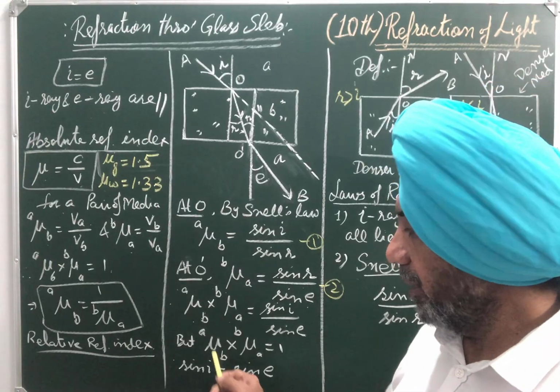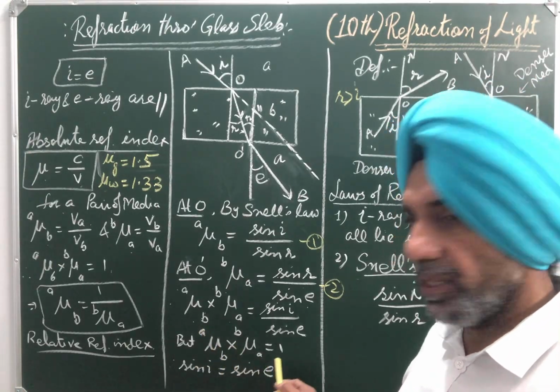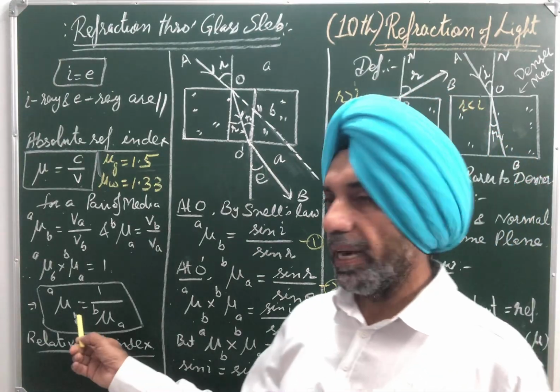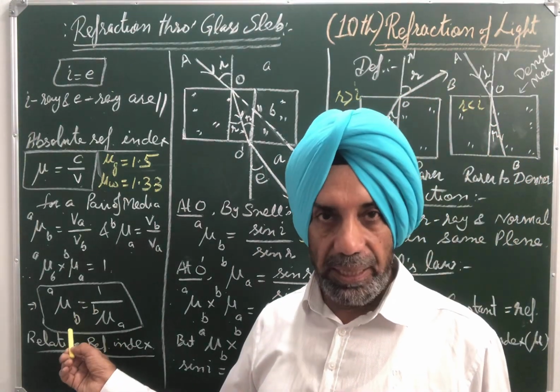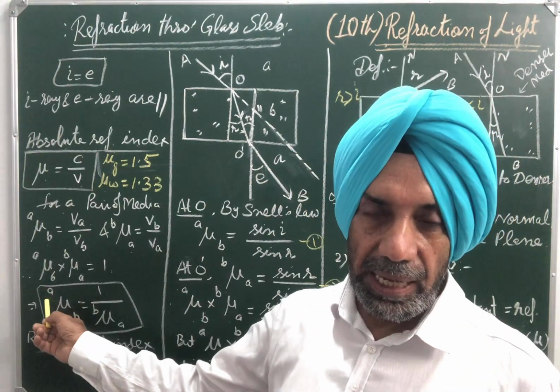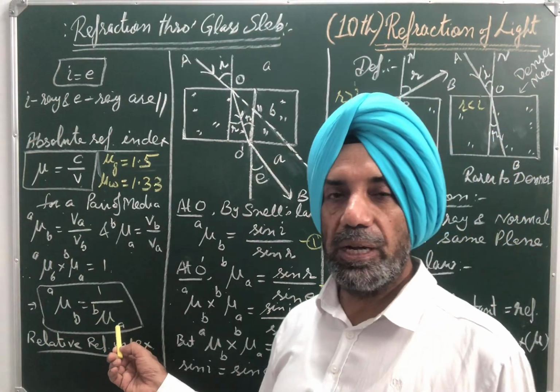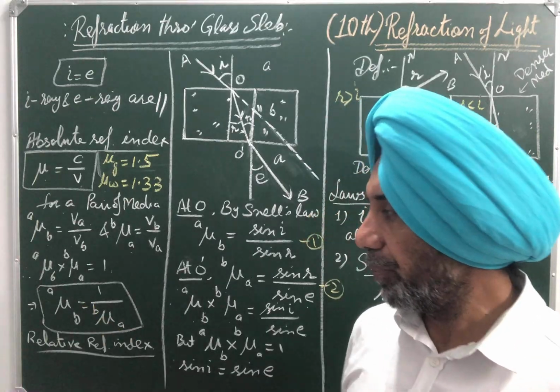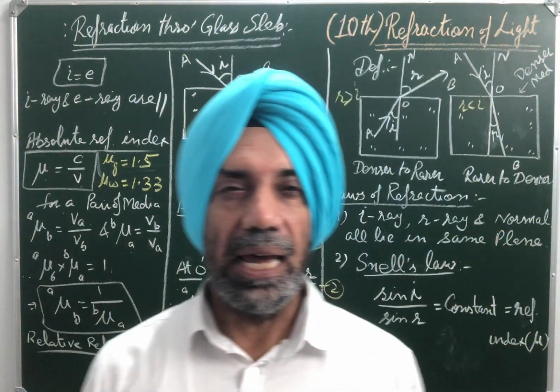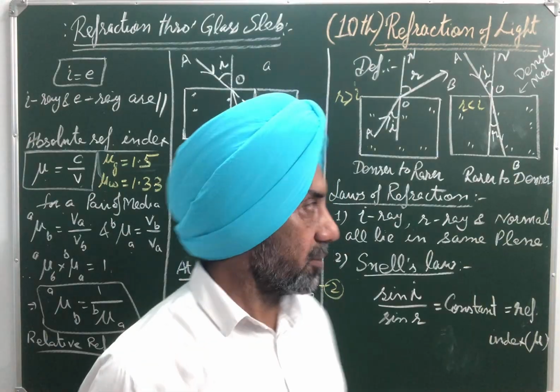We have already taken mu AB into mu BA is equal to 1. That is, the refractive index of medium B with respect to medium A is equal to the reciprocal of the refractive index of medium A with respect to medium B, and it is known as a relative refractive index.